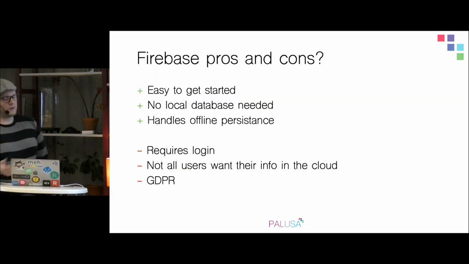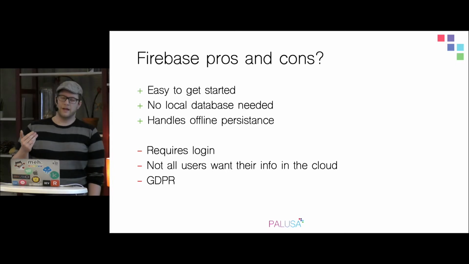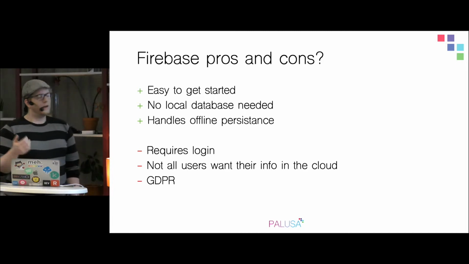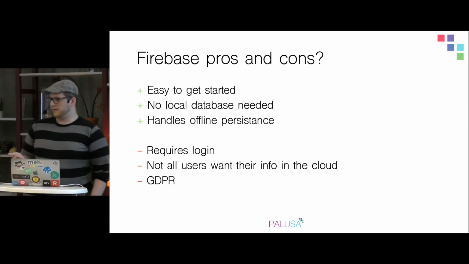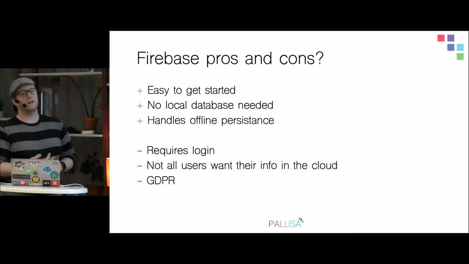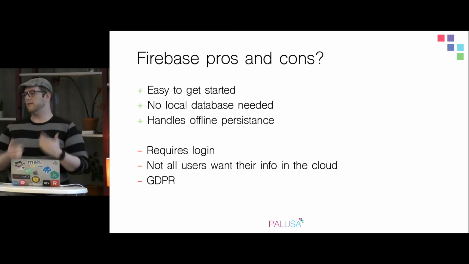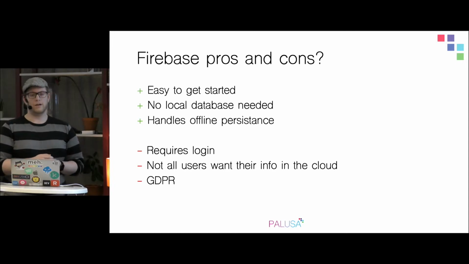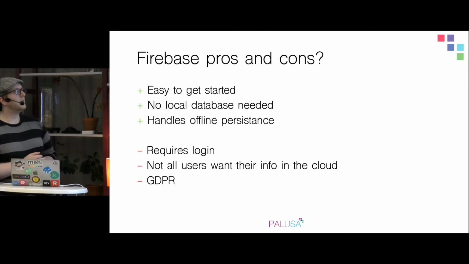But I found out, and I actually already knew this but didn't think of it, that when you use Firebase, you don't need a local database, because if you're trying to push something to Firebase and it fails, it just stores it locally until the user gets their connectivity back.